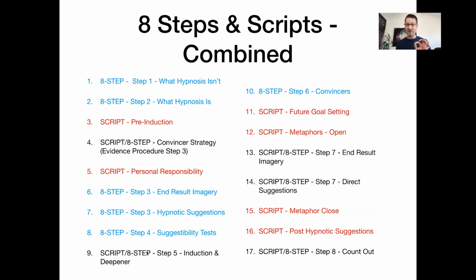At this point, they're under hypnosis. You then do step 6, the convincers. You then, from the script, future goal setting, from the script, metaphors opening, from the script and step 7, and result imagery, from the script and step 7, direct suggestions, and then from the script, metaphor close, from the script, post-hypnotic suggestions, and from the script and step 8, you count them out.